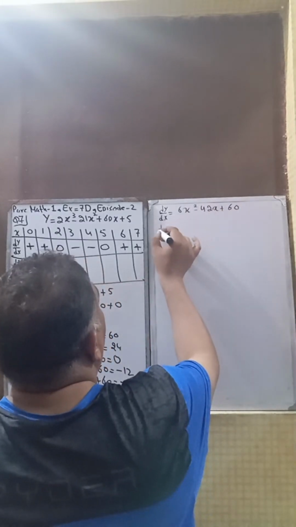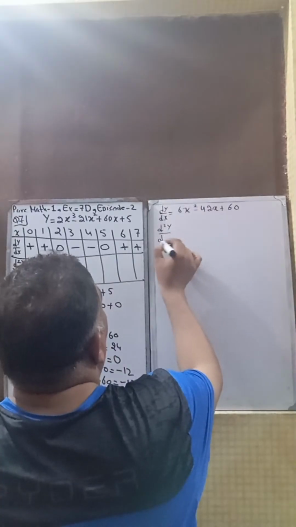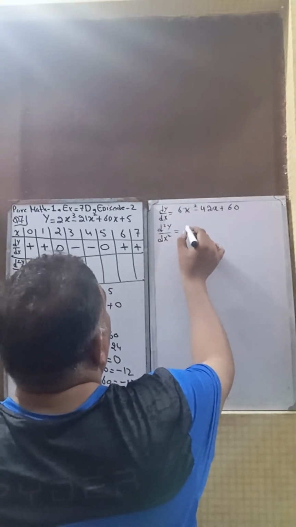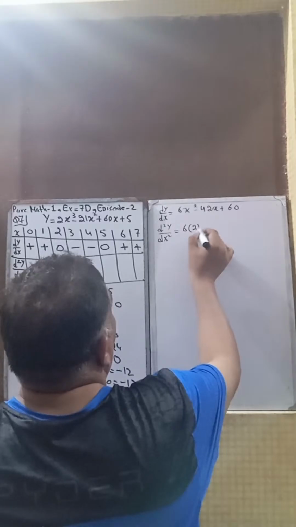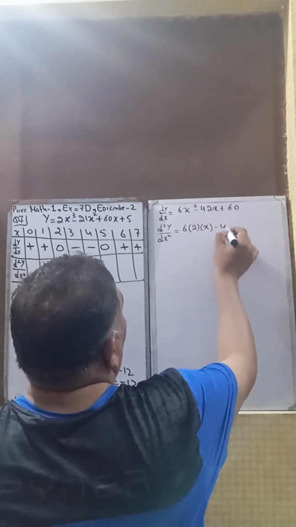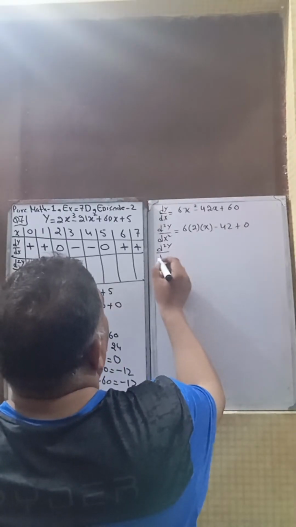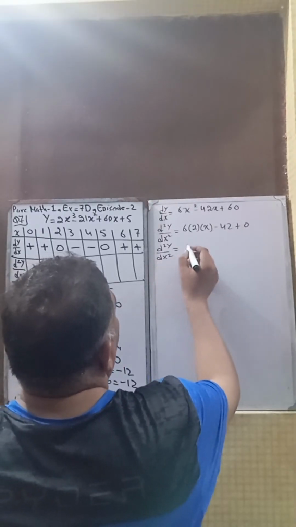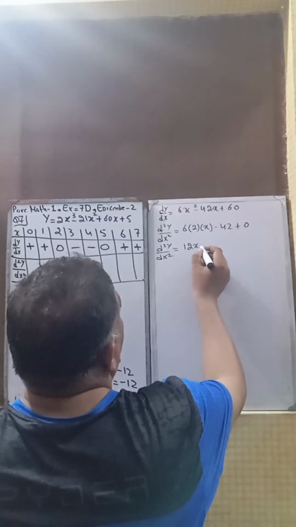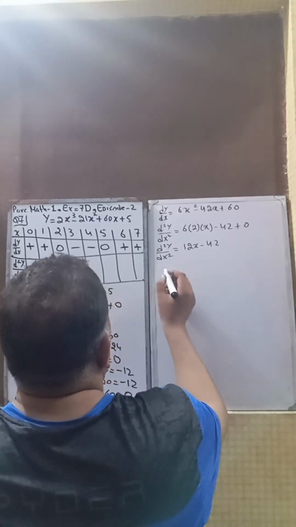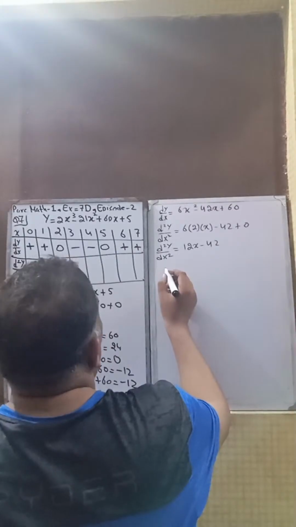The second derivative will be d square y by dx square, and that will be equal to 6 into 2 into x minus 42 plus 0. So d square y by dx square will be equal to 12x minus 42. So I will replace x with 0.